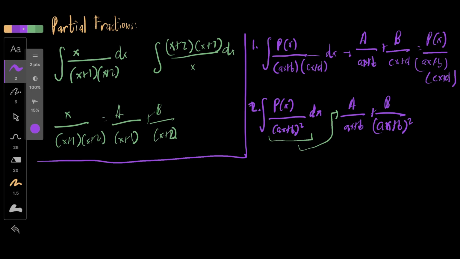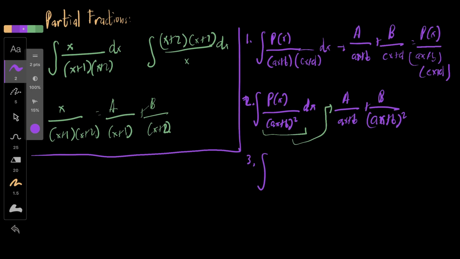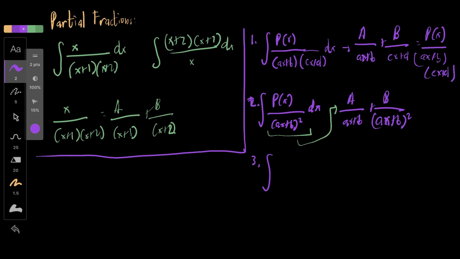Now, we've just covered linear factors. What about a quadratic factor? Let's say we can't factor a quadratic factor, which is okay. Very few quadratics out of all the quadratics can actually be factored. So we have ax squared plus bx plus c. Well, the numerator is going to be ax plus b over the whole quadratic.